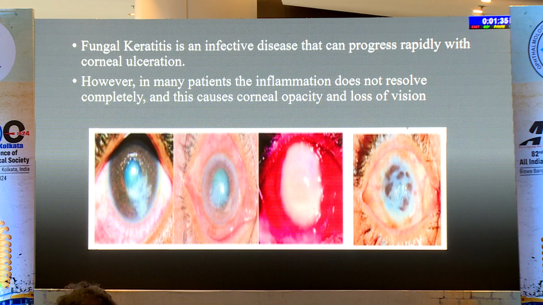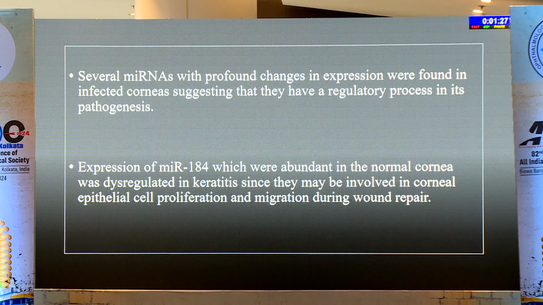So coming to the discussion, we know fungal keratitis is an infective disease. It rapidly progresses. It can cause corneal opacity and loss of vision. Several miRNAs with profound changes in expression were found in infected cornea, suggesting that they have a regulatory role in its pathogenesis.